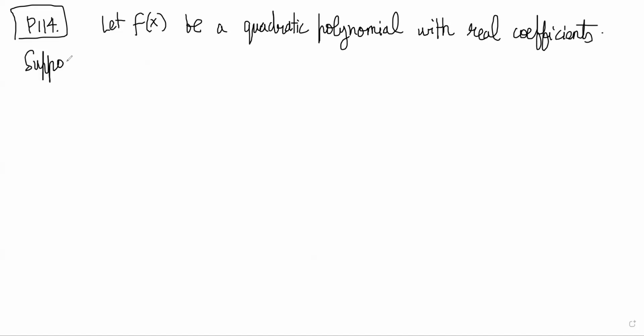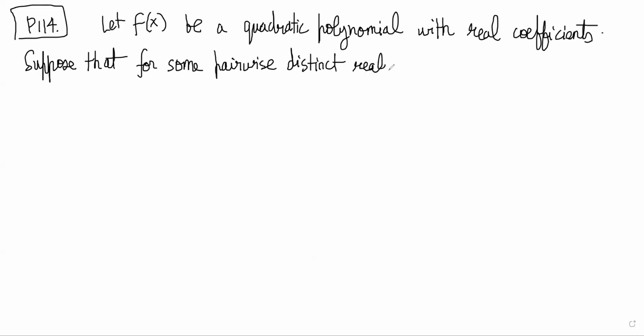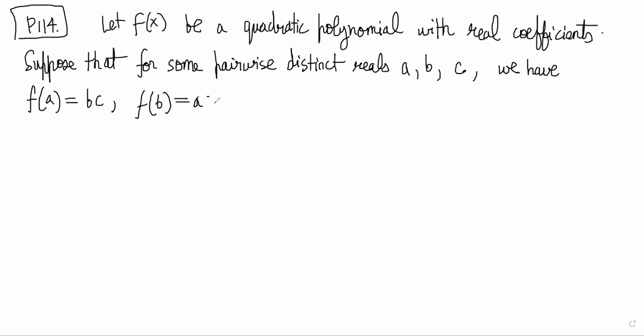Suppose that for some pairwise distinct reals a, b, and c, we have f(a) is equal to bc, f(b) is equal to ac, and f(c) is equal to ab. We have to determine what is the value of f(a + b + c).